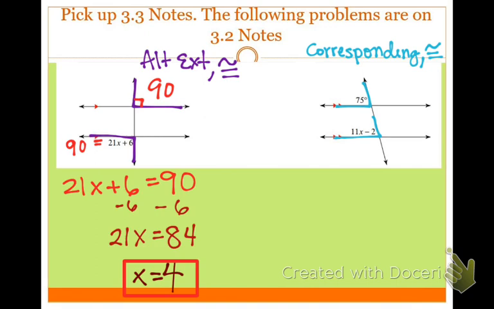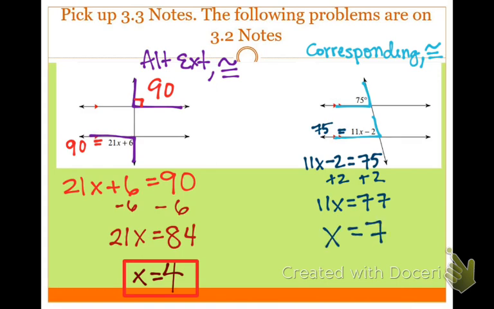So that means we have 75 degrees, and that means 11x minus 2 equals 75. All right, so then what would I do next? Add 2. So 11x equals 77. So then x equals 7. Good. Go ahead and flip.